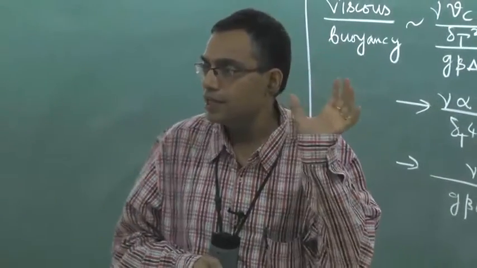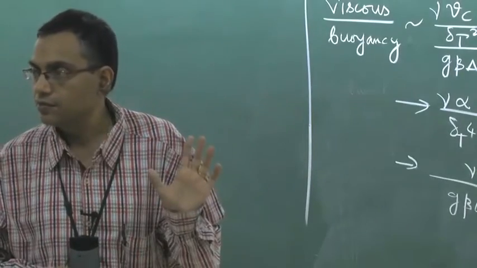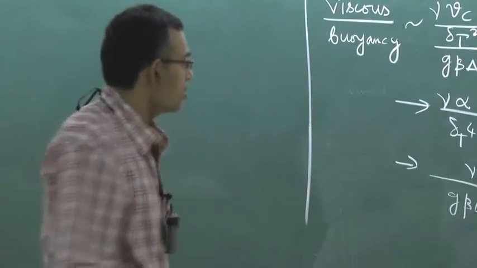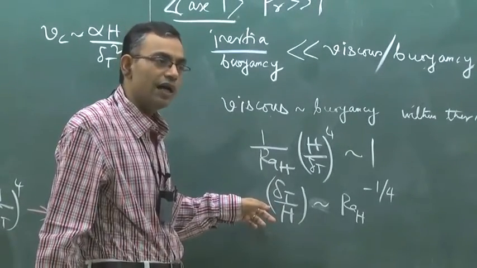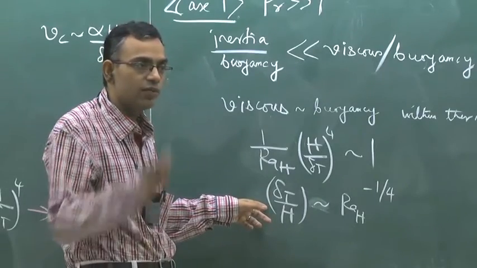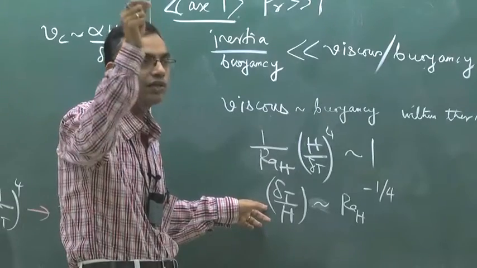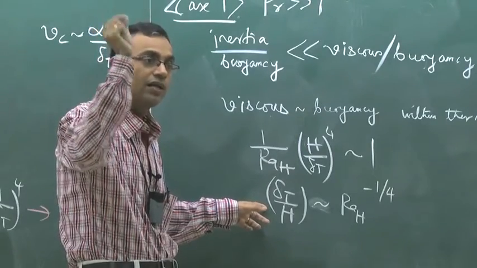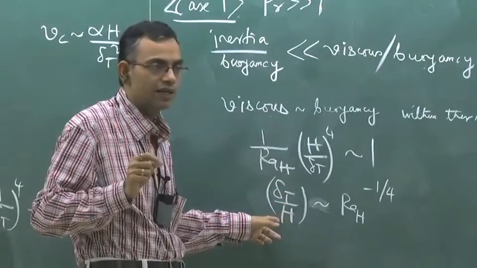For thermal boundary layer, delta T much less than L. So here also for natural convection, delta T much less than H will be our assumption. Why? Because if you recall the energy equation, we have neglected del square T del Y square as compared to del square T del X square. That assumption is based on the fact that delta T is much less than H.